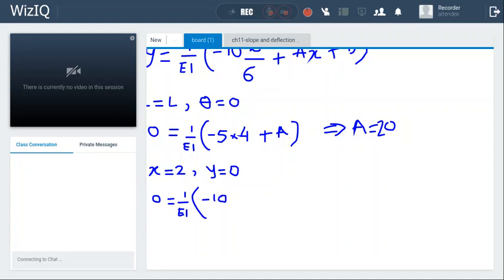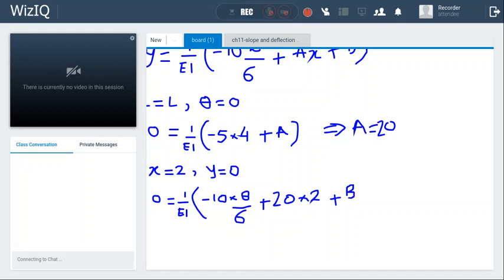Now in place of x we will substitute 2, so 2 cube will be 8: minus 10 into 8 divided by 6, plus ax. Now a is 20, so 20x, and x is 2 meter, so 20 into 2, plus b.